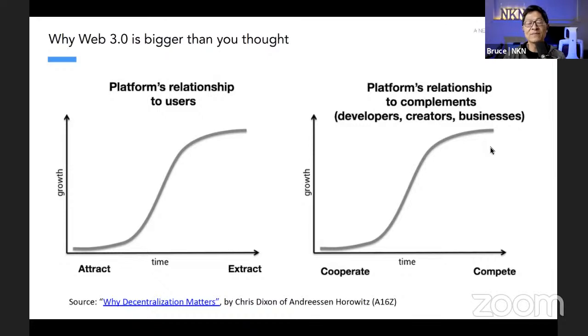One very obvious example is, I think it was Zynga. This application was game development on top of Facebook. Once Facebook grew to a certain size, in the beginning they really liked Zynga because Zynga was bringing new users. But after a while, they basically just alienated Zynga because they started to develop their own applications and games on top of that.